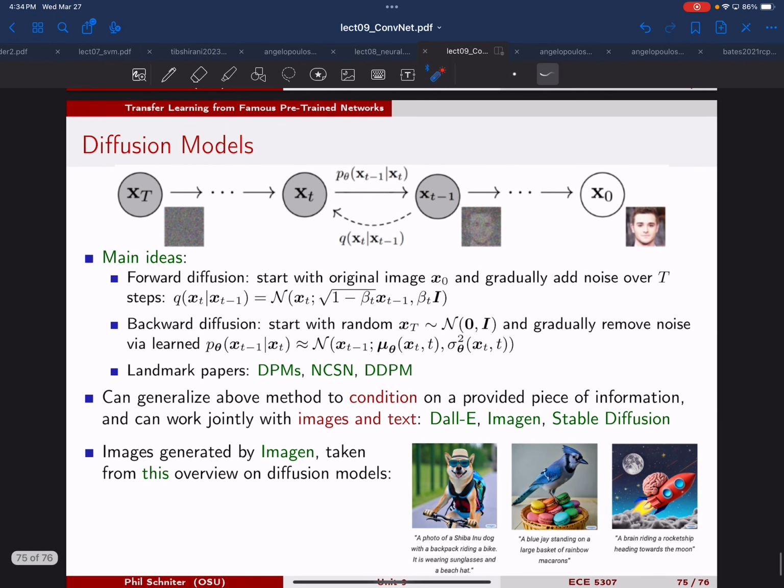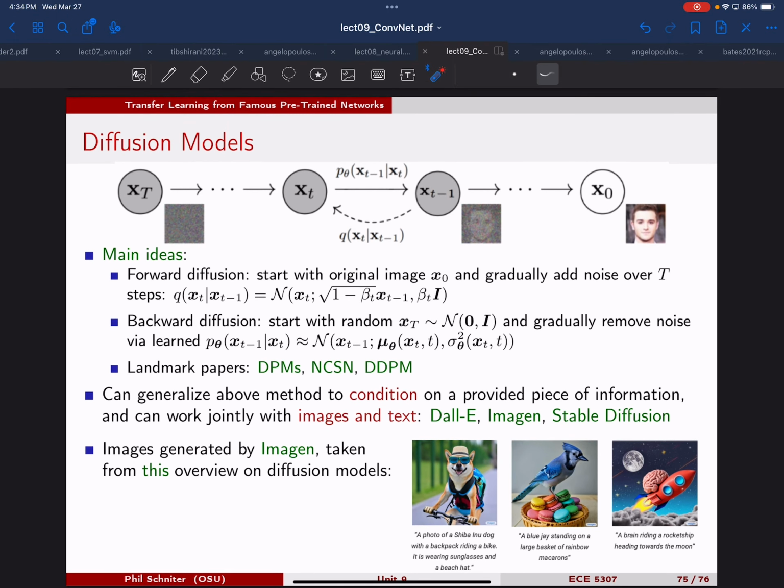The thing that's really hot these days are diffusion models. So diffusion models, in one sense, they're very similar to a lot of these techniques we've talked about. In one sense, the way that they work, when you're actually applying them, goes like this.